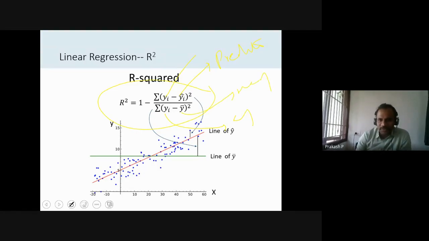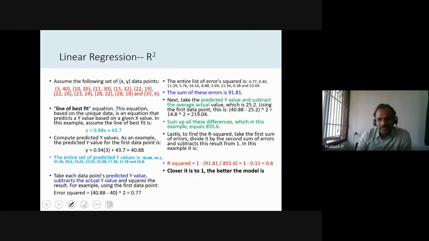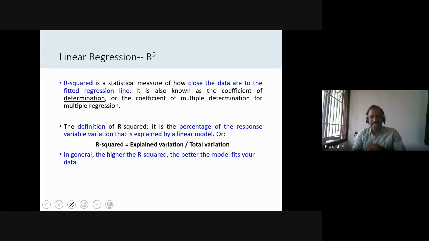If you compute R square with this formula, the closer R square is to 1, the better the model is. Do you understand the purpose of R square? That is the reason we use R square. R square is also called the coefficient of determination.